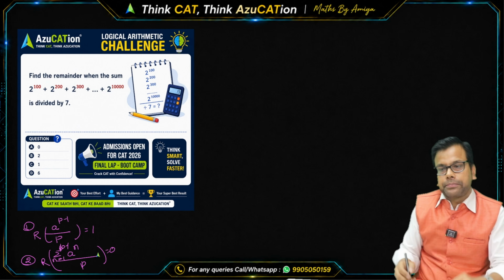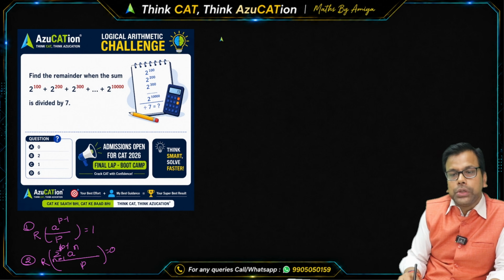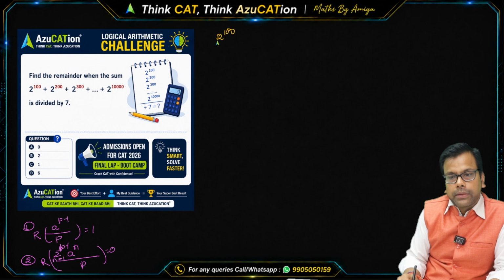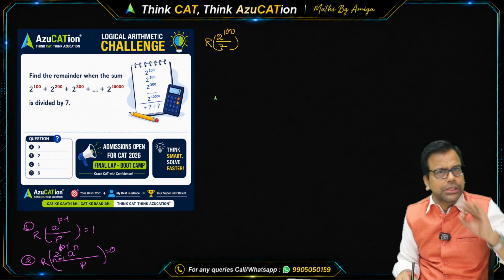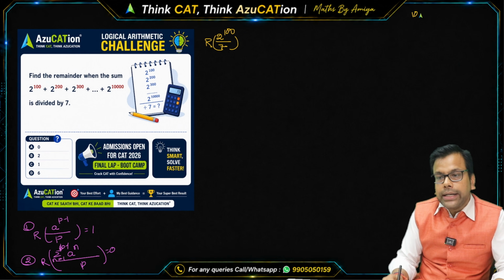Let's start. First of all, we have 2 raised to power 100 divided by 7. What would be the remainder? We want to get the first term. Can we write 100 is equal to 6 into 16 plus 4? Yes. So 2 raised to power 100 is this value.